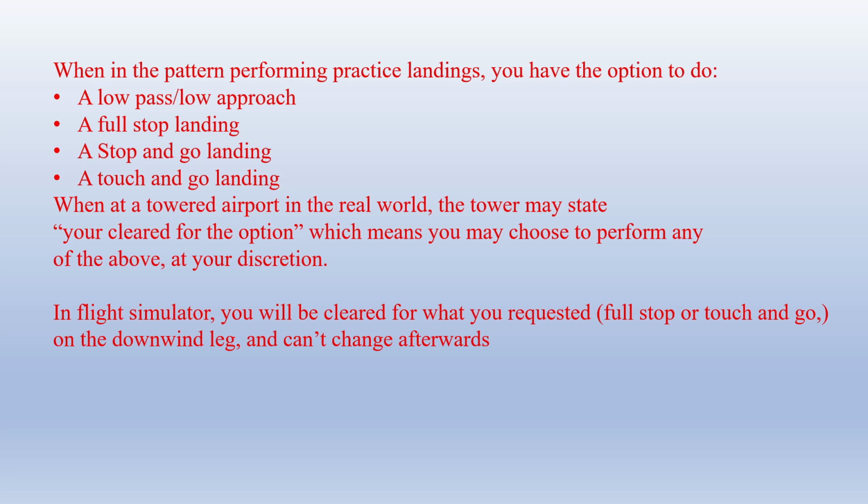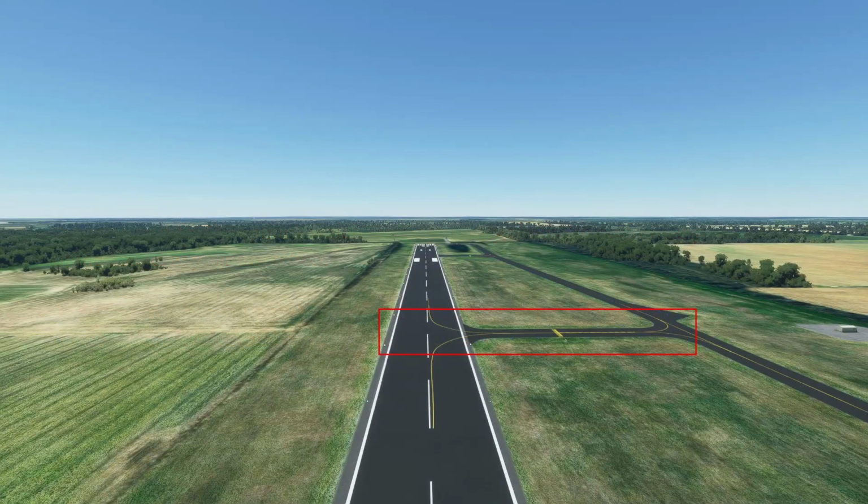If you're going to do a stop and go or a touch and go, before you perform that, you want to make sure that you have enough runway left to get safely airborne again. On paper, the 152 needs less than 1,000 feet to get airborne from a dead stop, so if you give yourself 2,000 feet or so, you should be fine. I'd recommend using the third taxiway from the end of the runway at Pine Bluff as kind of a no-go point.